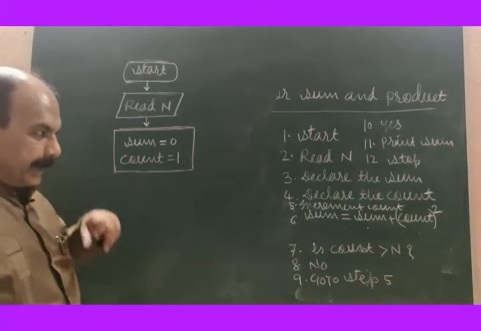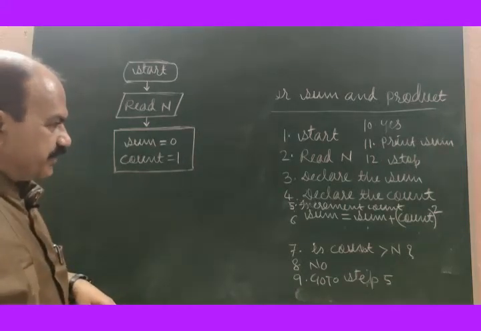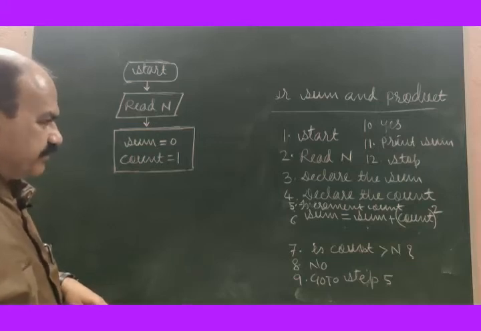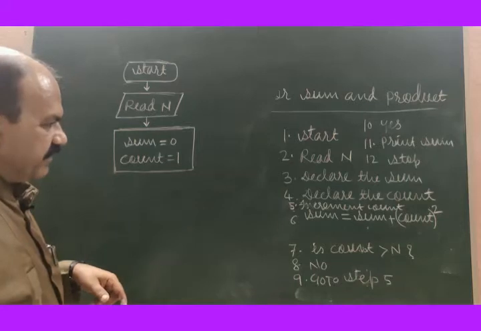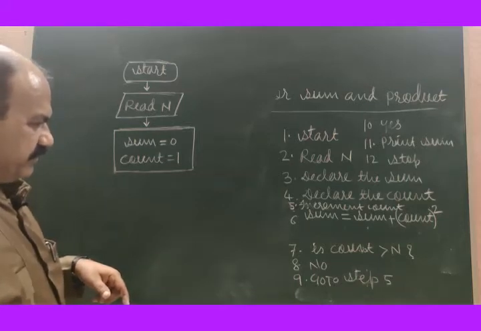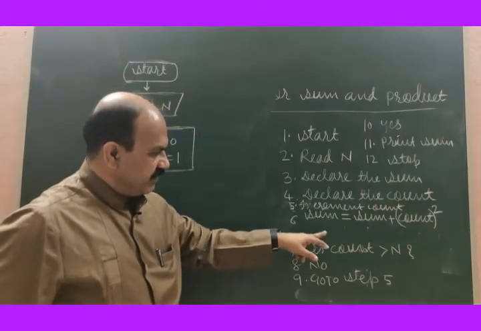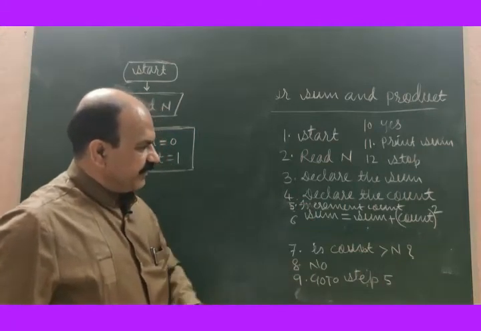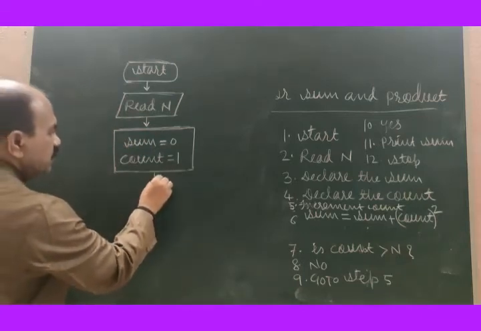After that, we have to increment the count. Let us see how to increment or where to increment it. You can have this step here, it doesn't matter. Let me go to the sum.